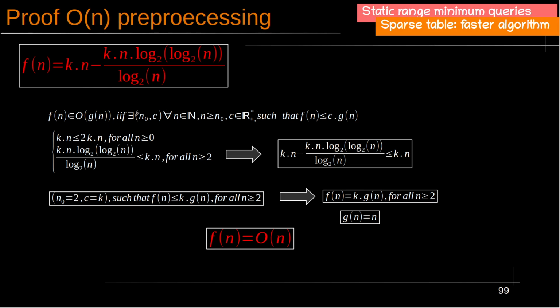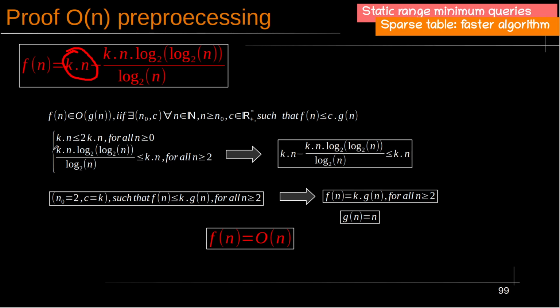As we said in the previous slide, we have to find an integer n0 such that for all integers n above n0, fn is less than or equal to c times jn. For the first part, before the minus, it's very simple to deduce: we can say that k times n is less than or equal to 2 times n for all n greater than or equal to 0.